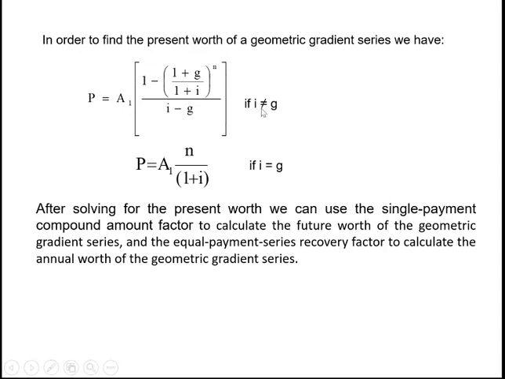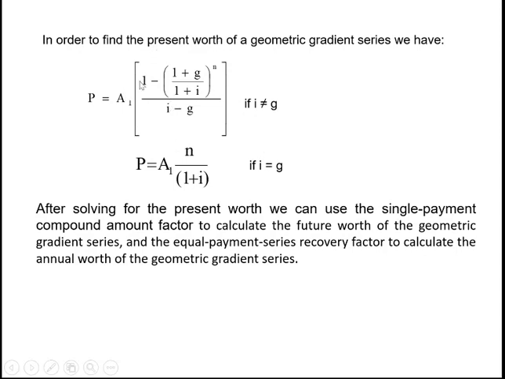If small i is different from small t, the formula to calculate the present worth of the geometric gradient series is P equals A1 times a factor.